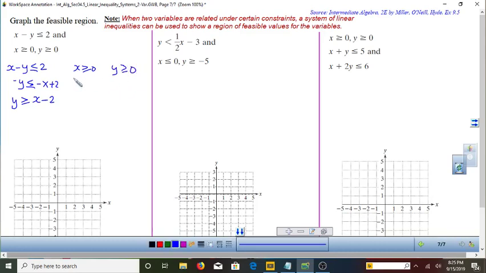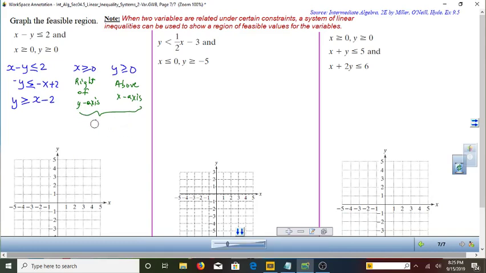If you look at this, you can see then that this is to the right of the y-axis, because that's the line for the y-axis, and this is above the x-axis. So we're looking in the first quadrant.